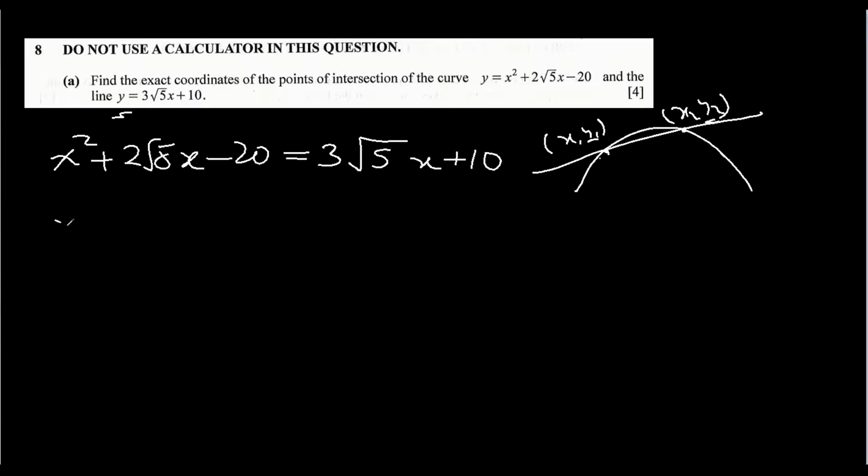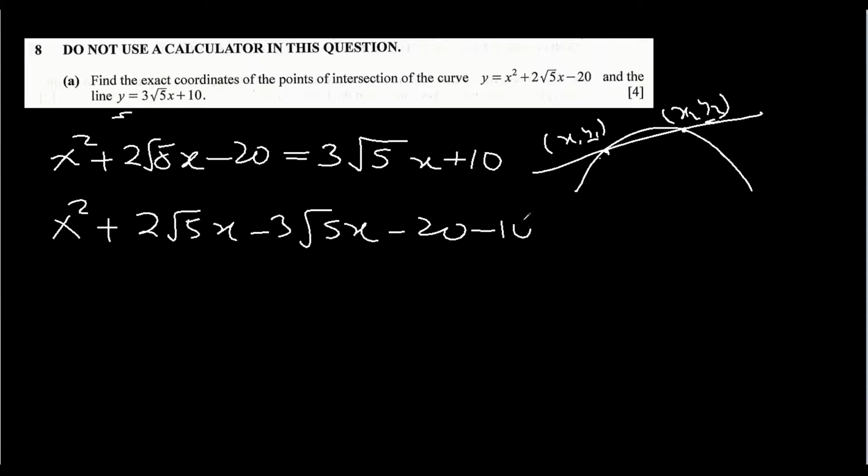Now let's collect everything to the left side to make it a quadratic equation. x square plus 2 square root 5 x minus 3 square root 5 x minus 20 minus 10 equal to 0. So it becomes x square minus square root 5 x, since 2 square root 5 minus 3 square root 5 is negative square root 5, minus 30 equal to 0.